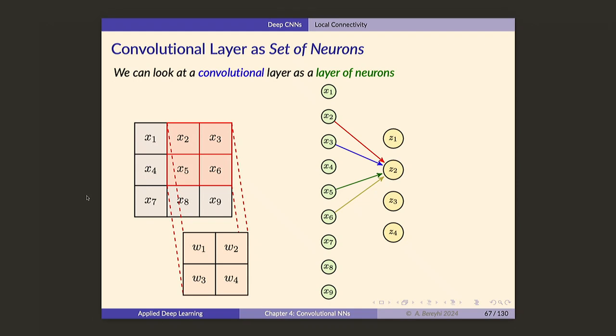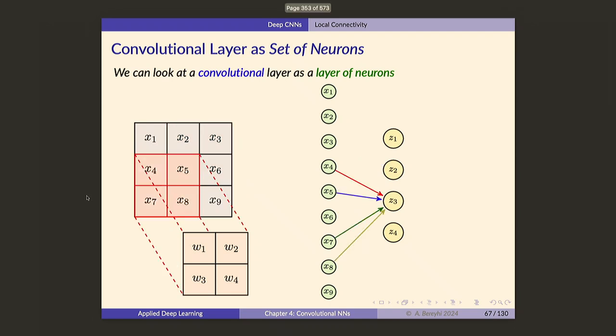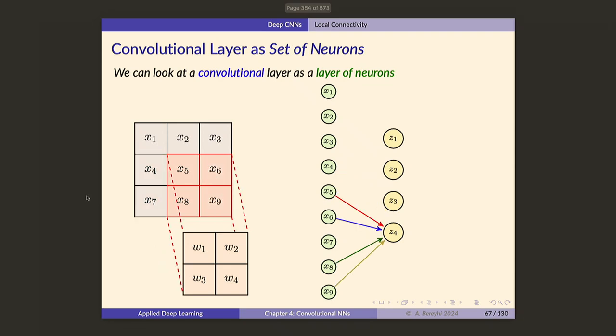Correct? So you can do it for every slide that I do. I can put it here, again a bunch of inputs connected to z3, and the last position is a bunch of inputs connected to z4, correct?